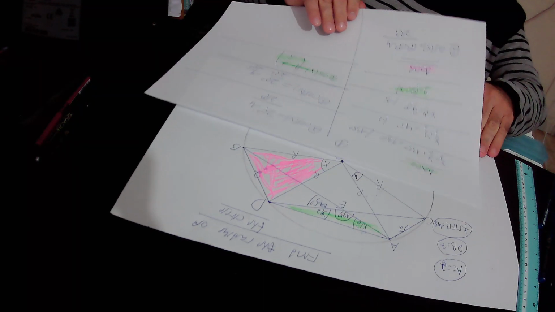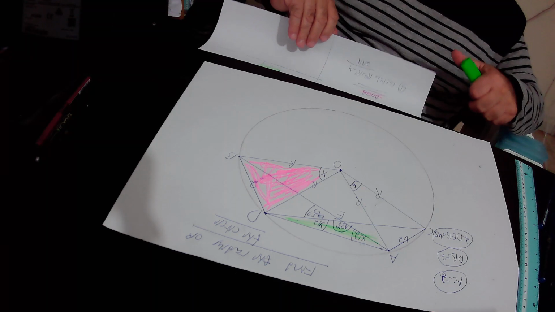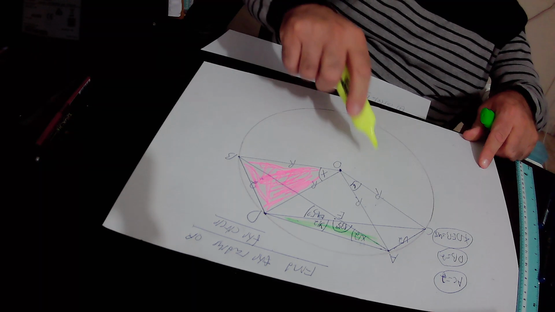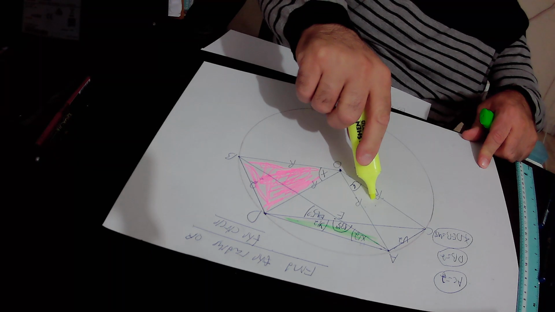In the next step, we will implement the law of cosines on the yellow triangle, triangle AOC.